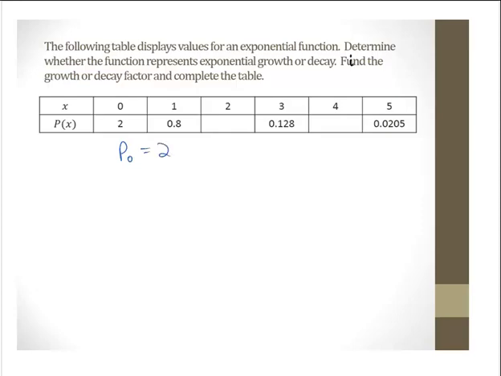Alright, my initial value is 2. So I can start by saying, well, P of t is 2 times b to the t. Now, it appears to be decreasing. So this is exponential decay.